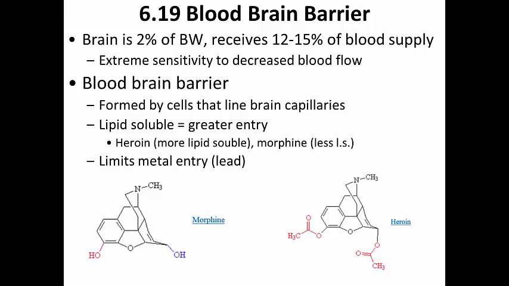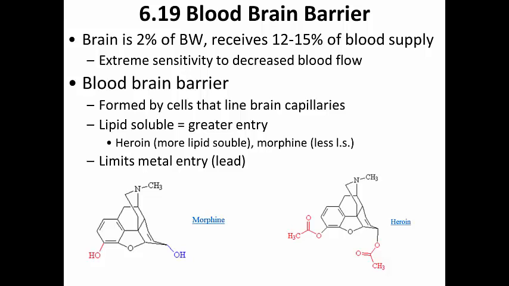As we look at the capillaries in different parts of the body, we see that some capillaries are extremely leaky, allowing almost anything to move in and out. But the capillaries in the brain are the stingiest capillaries that we find in the body, being very particular regarding what can exit them as a result of the need to protect the brain, and hence we use the word blood-brain barrier to describe these structures.